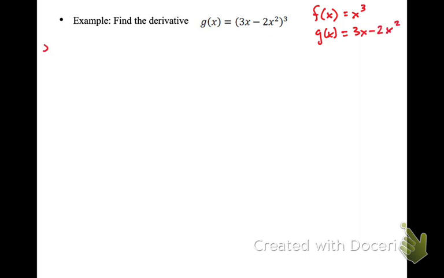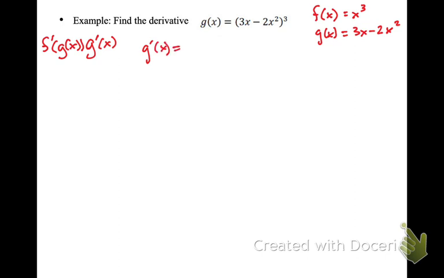So our rule is f prime of g of x times g prime. And what does prime mean? Derivative. And this happens to be g, but f is the outside, g is the inside. Got it? Okay, so g prime of x.